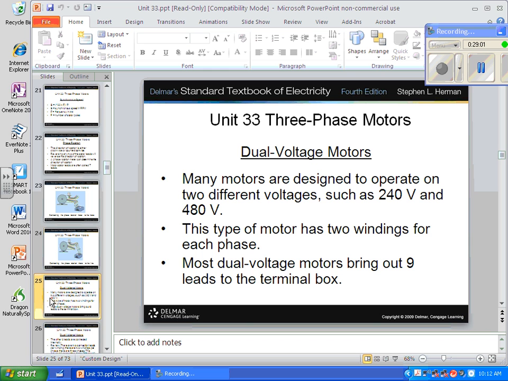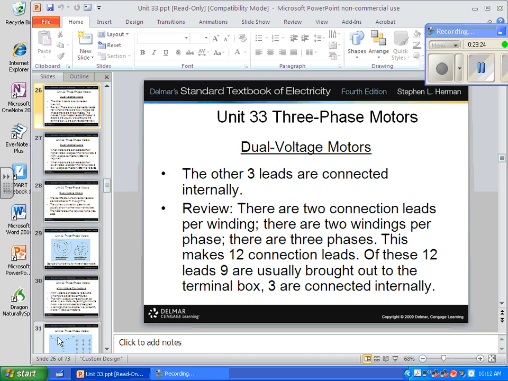Okay. Dual voltage motors. Many motors are designed to operate on 240 or 480. This type of motor has 2 windings for each. These are what are called 9-lead motors, and we're going to analyze in motor control lab how to figure out which leads are which just from looking at how the windings are connected.